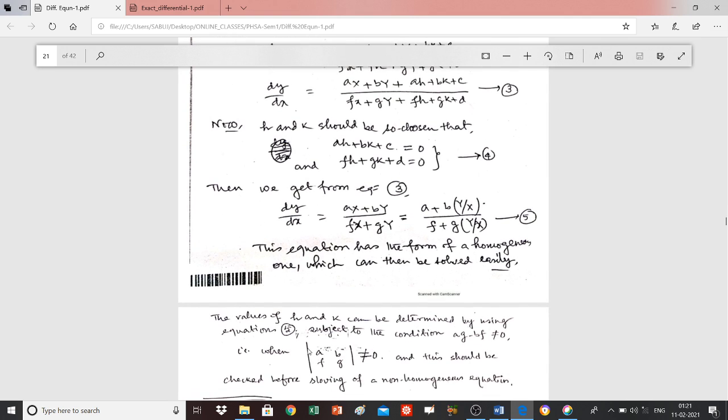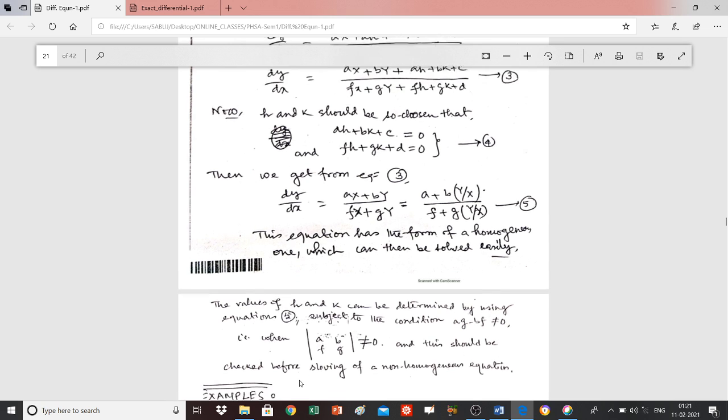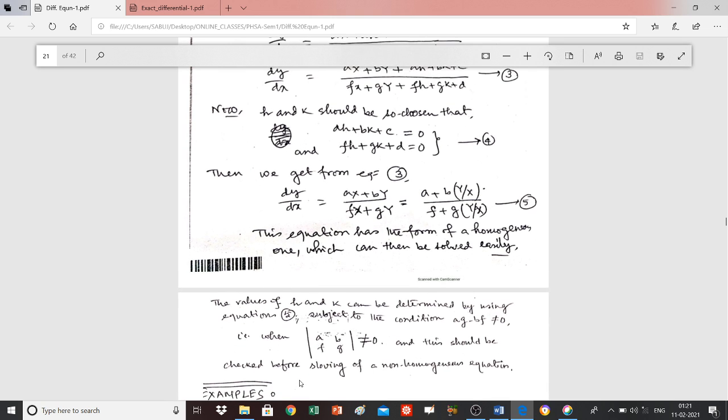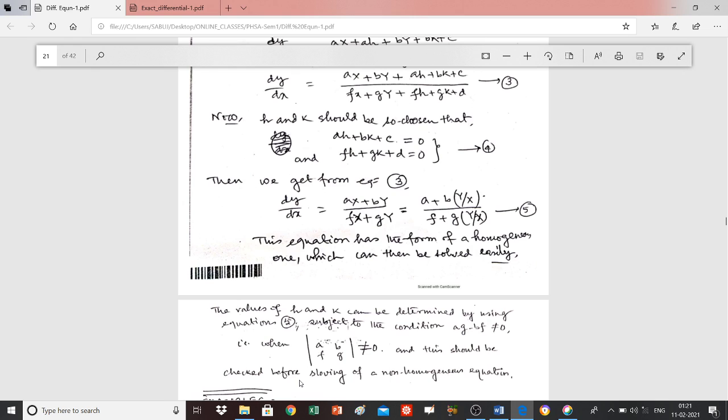That means the determinant of a, b, f, g is not equal to 0, and this should be checked before solving a non-homogeneous equation. So if we wish to convert a non-homogeneous equation to a homogeneous equation and solve it, then you have to first check whether this determinant is equal to 0 or not.